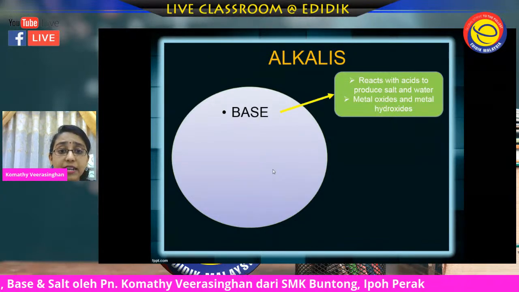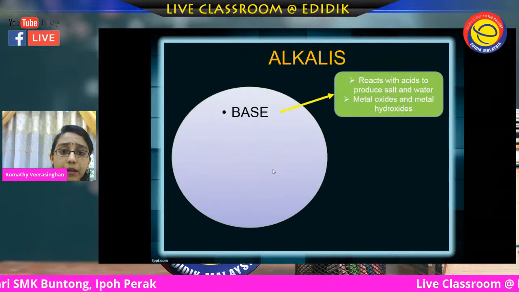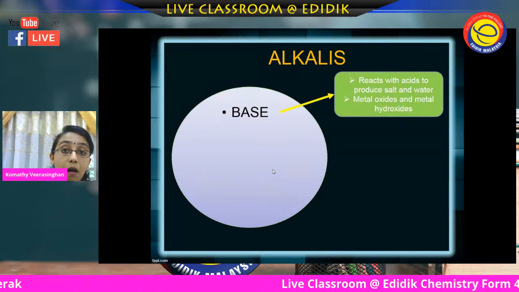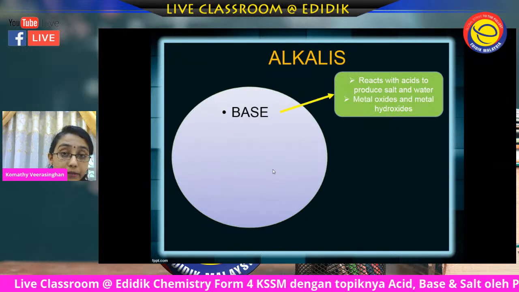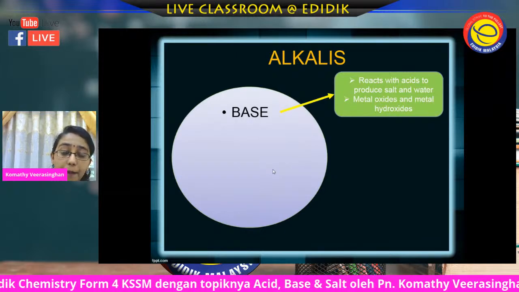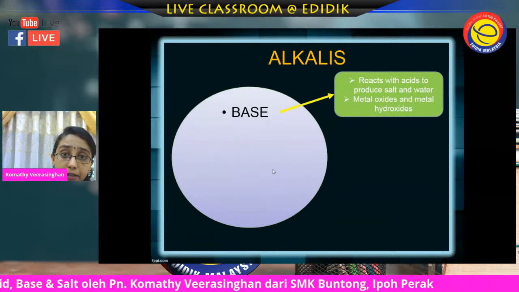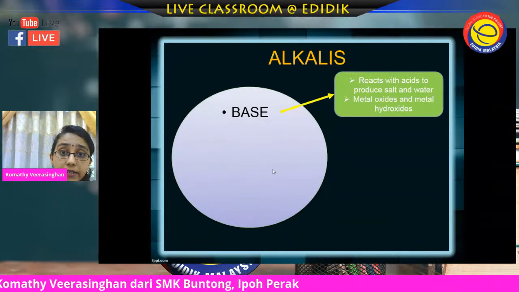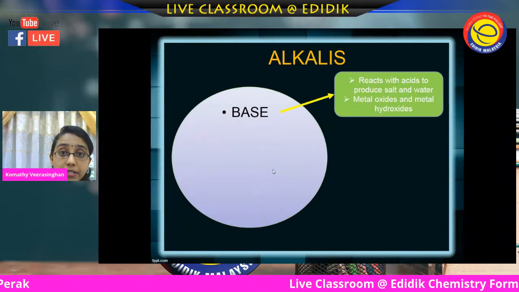And what are the types of base? What are the substances which are called bases? Okay, remember all metal oxides and metal hydroxides are bases. Examples: magnesium oxide, magnesium hydroxide, aluminium oxide, aluminium hydroxide, sodium oxide, sodium hydroxide, potassium oxide, potassium hydroxide.